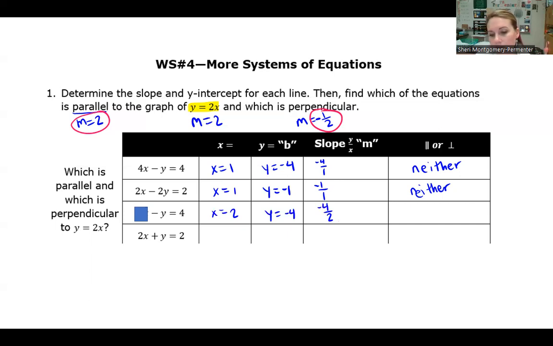Does that reduce? Yeah, so it's still going to be negative. What's 4 divided by 2? 2. Ooh, that's getting close. It's negative 2. It's still neither though, because negative 2 is not equal to 2. It needs to be either 2 or negative 1/2. So it's still neither.